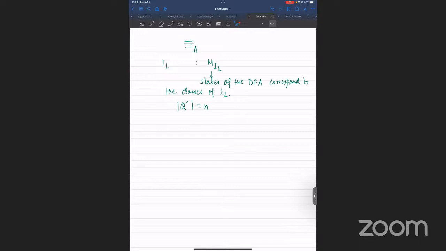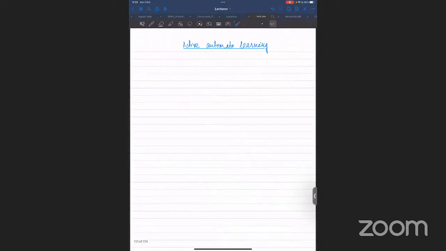So now, today we are going to look at an important and an active area of research, I would say. It's called active automata learning.